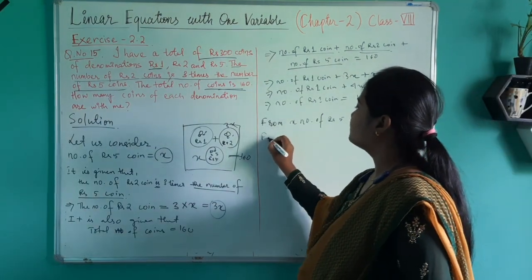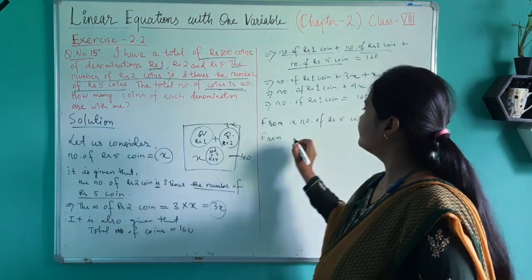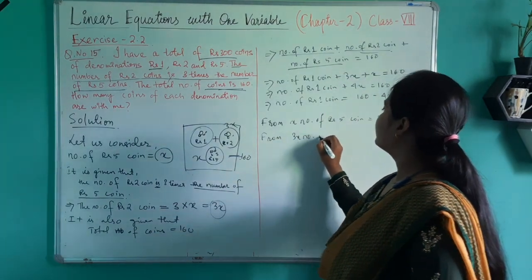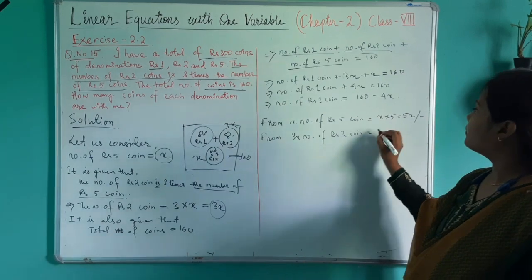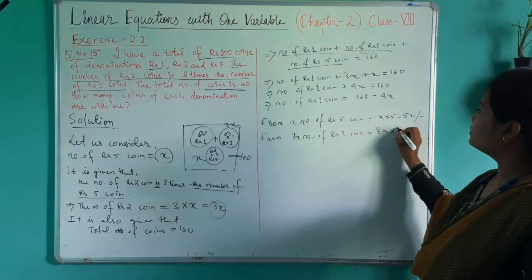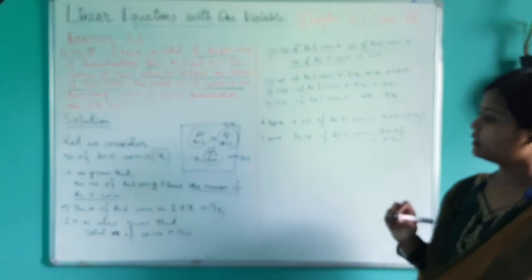Similarly, from 3x number of 2 rupee coins, the amount will be 3x into 2, that is 6x rupees.